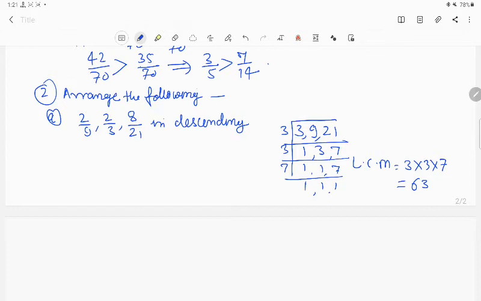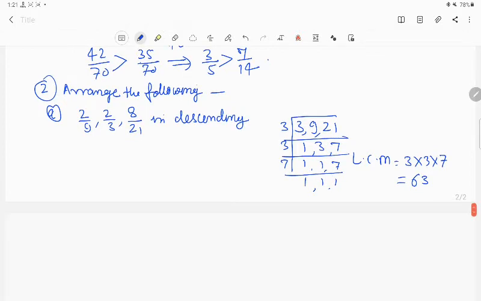So convert each given fraction into equivalent fractions whose denominator is 63. So 2 by 9, denominator changes to 63. 63 divided by 9, you will get 7. 2 into 7 is equal to 14 by 63.